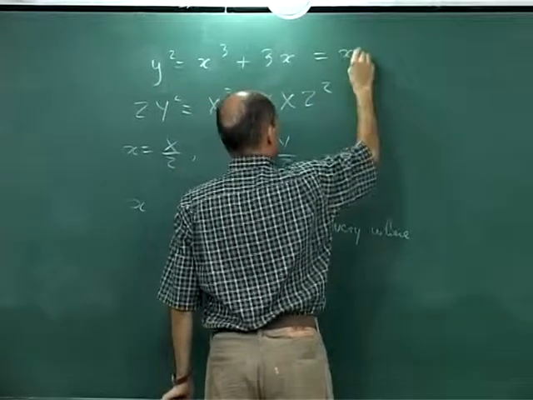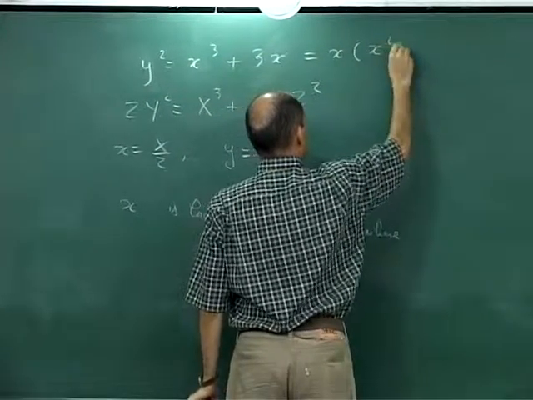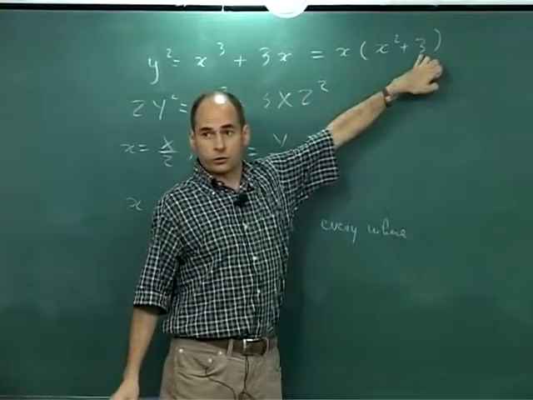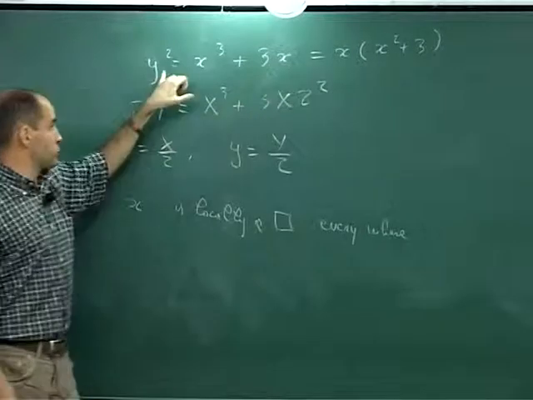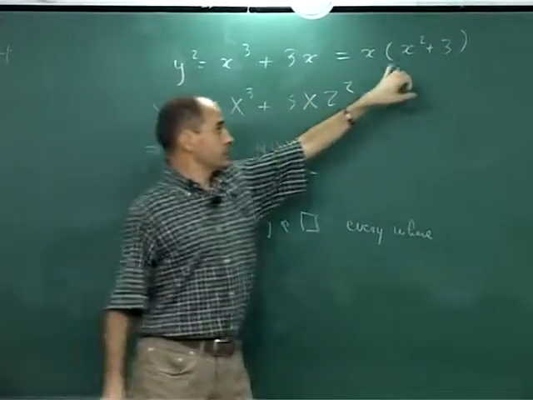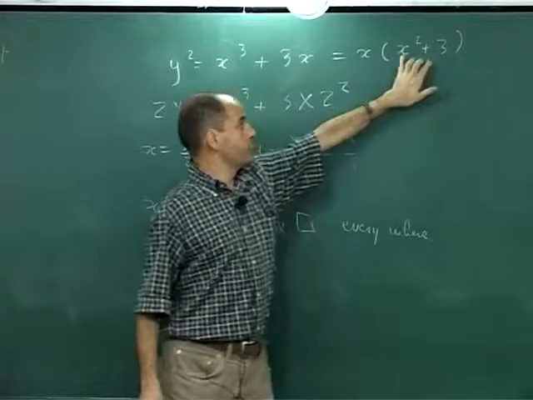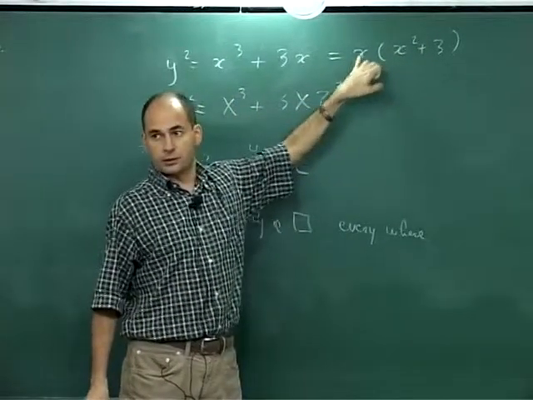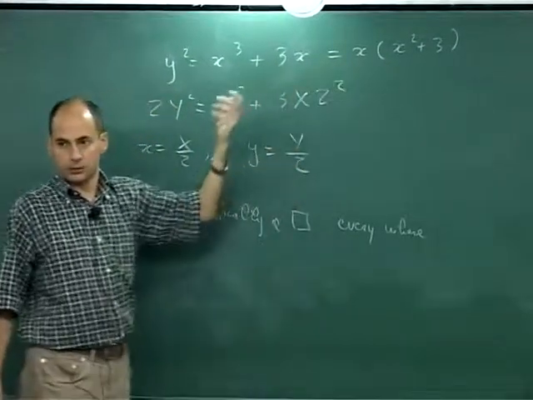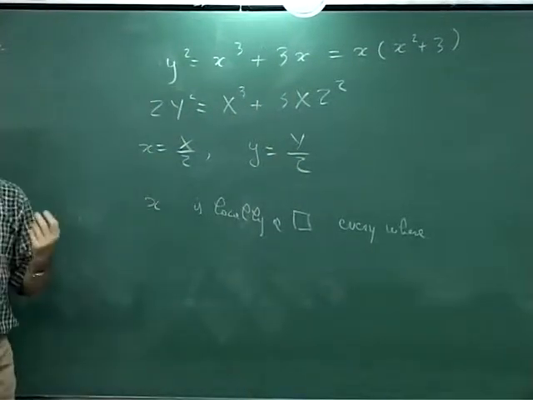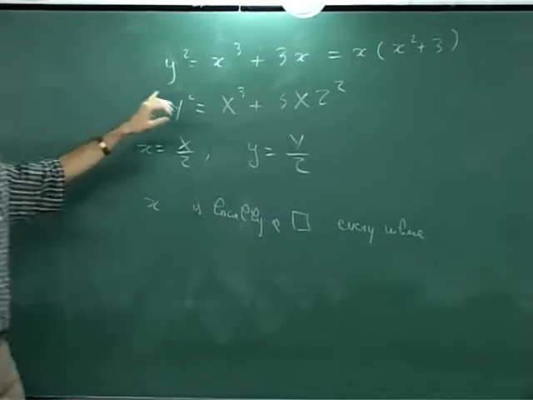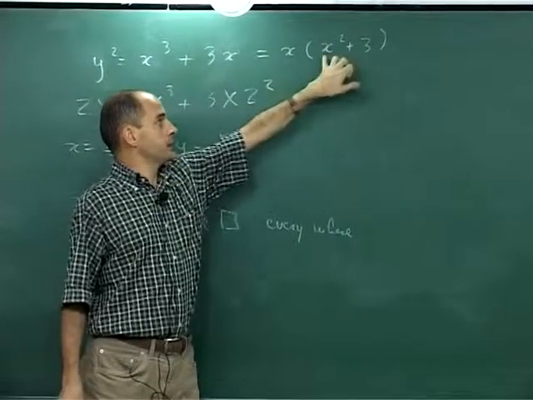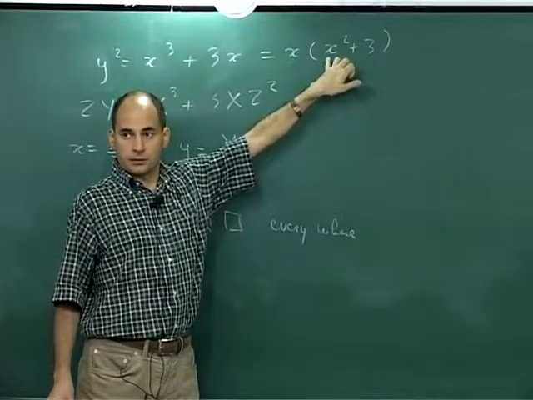This is because we write x multiplied by x squared plus 3. Whenever x vanishes, the second term does not vanish, but the product is a square. Since this term does not vanish, the zero of the product is the zero of x, which means that the zero of x has even order. Actually, it has order 2. And the same for the poles. Whenever x has a pole, x squared plus 3 has a pole of order twice the order of x.